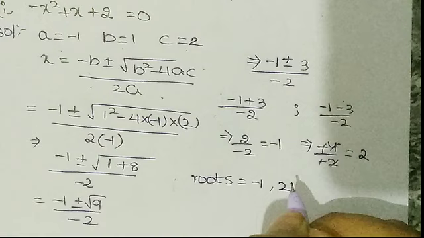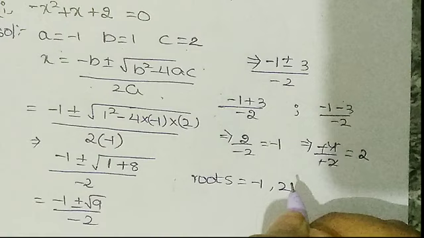So we have two roots. What are they? 9 plus 21 by 12 root 5 and also 9 minus 21 by 12 root 5. 9 plus 21, 30 by 12 root 5, and another one, 9 minus 21, minus 12 by 12 root 5.